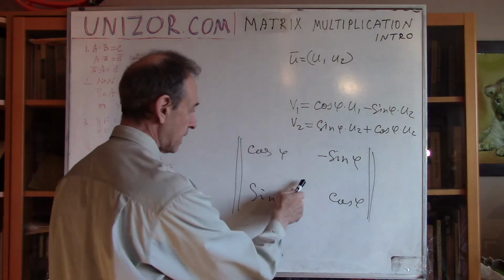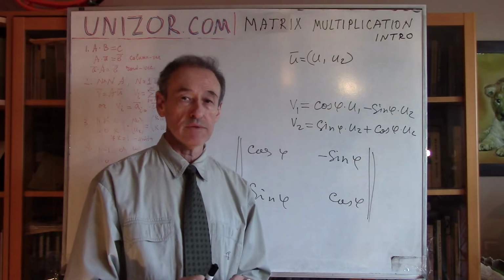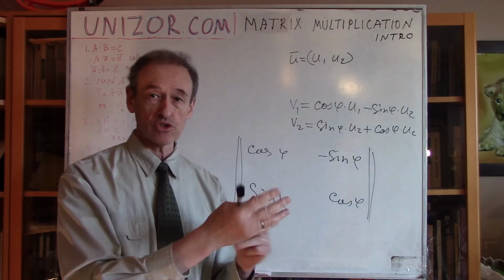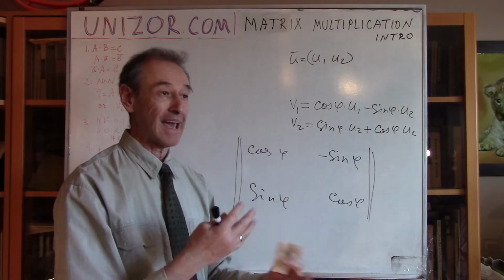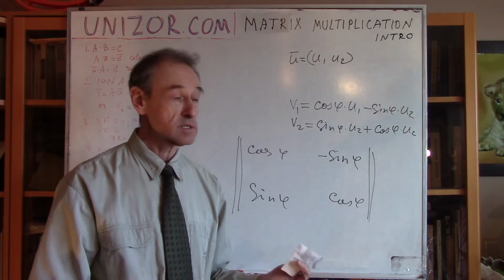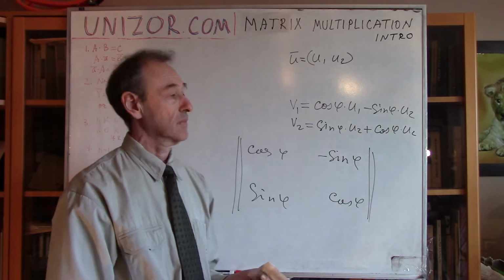So this matrix specifies the rotation. Basically, look, what we have done right now, we have specified stretching, different reflections, and rotation. Basically, any kind of linear transformation is a combination of these basic transformations.